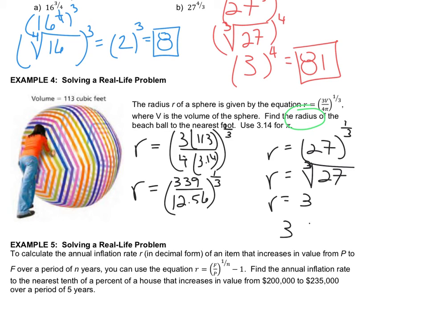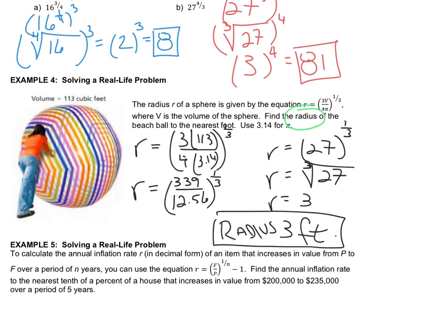So we're going to say the radius is 3 feet. Okay? Just plugging in the formula and following the formula. So remember, we just worked through the inside of those parentheses, made sure we did that first. Once we got it all the way boiled down, then we could take care of the things outside of it.